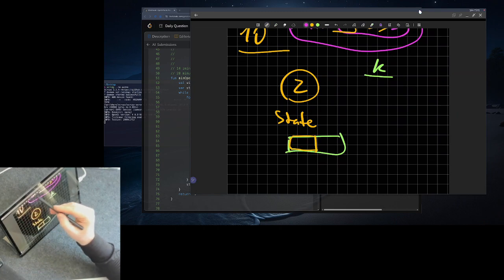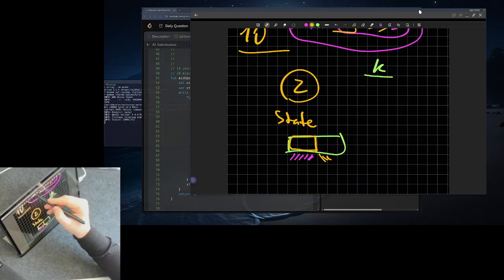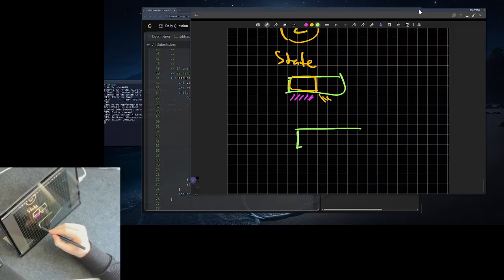We can flip the entire zeros to become ones, and ones should become zeros. The other situation is that k is less than zeros.